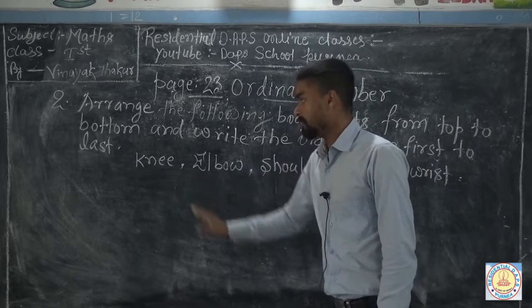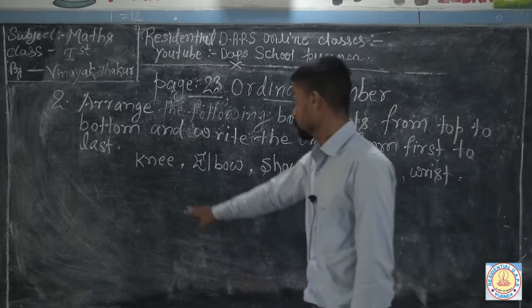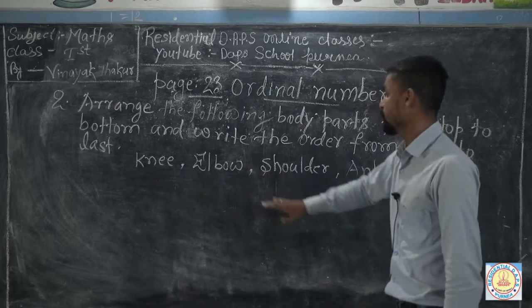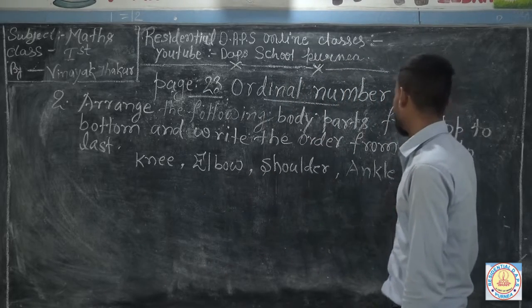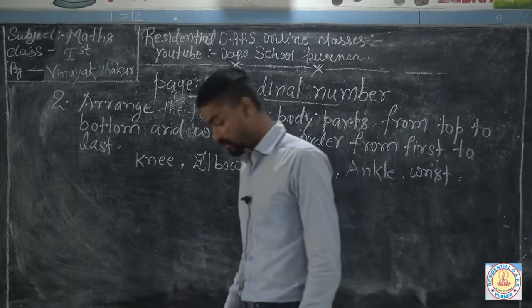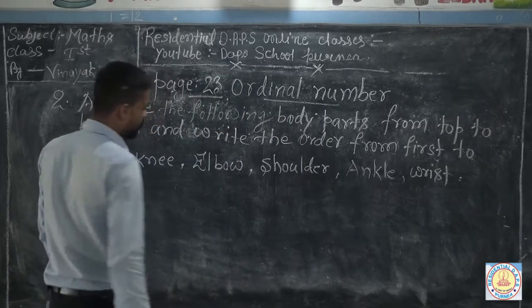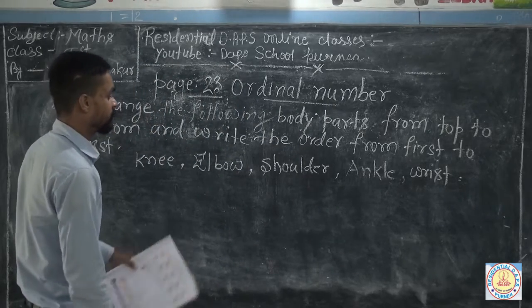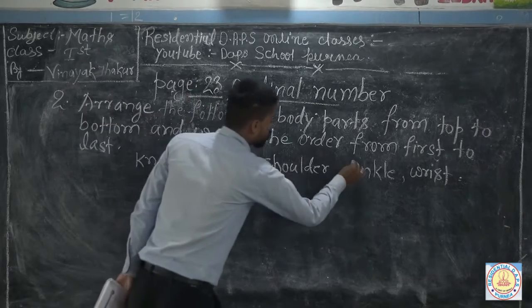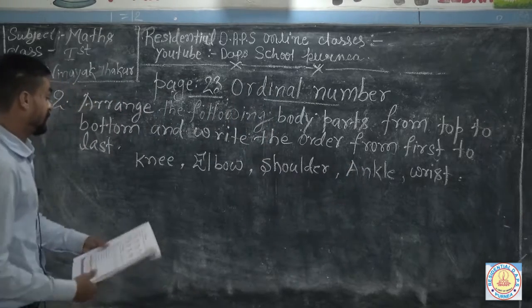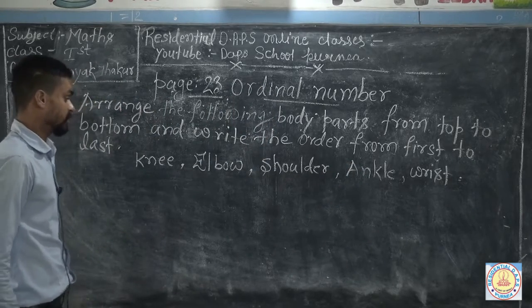So you have the options now: knee, elbow, shoulder, ankle and wrist. In these options you have to identify your first body part. Which is your first body part in these options?